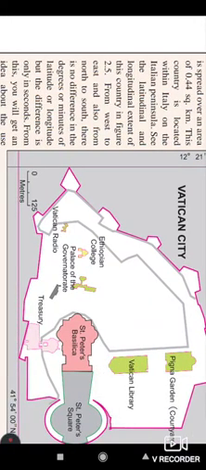See the latitude. The latitudes extend this country.